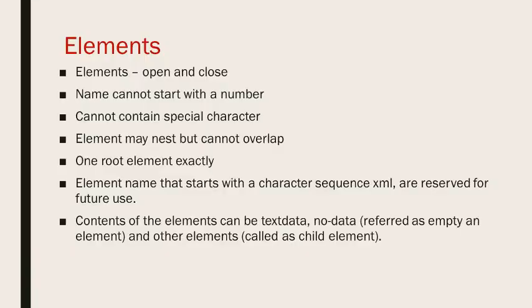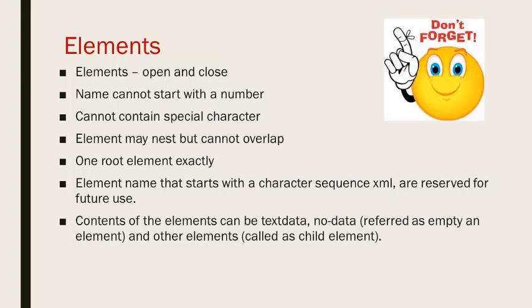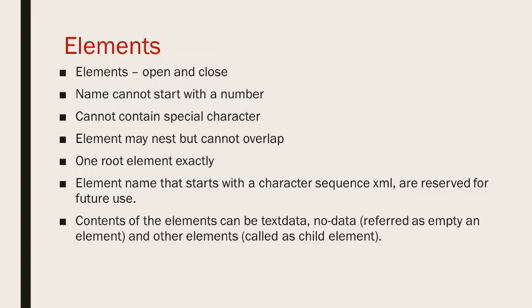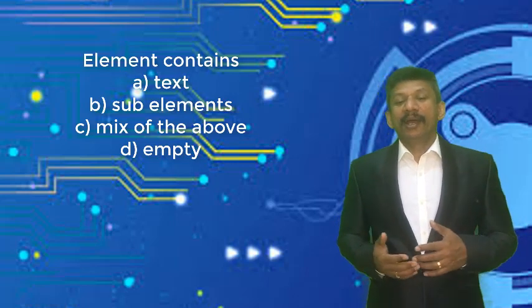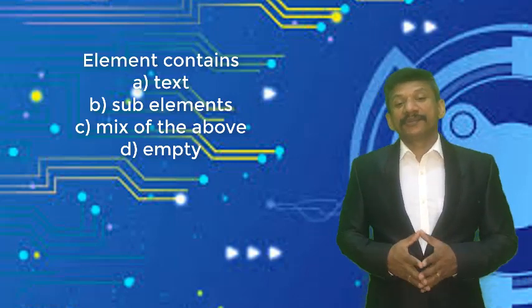So please remember this. And one more exception in naming the element names: the sequence XML should not be used in forming the element names. So make sure that you never use the word XML while creating an element name. And the contents of an element can be text data, or it can be a mix of text as well as other elements, or it can sometimes be empty.